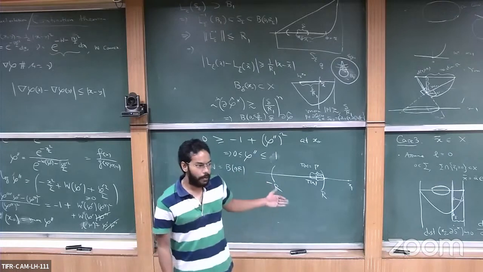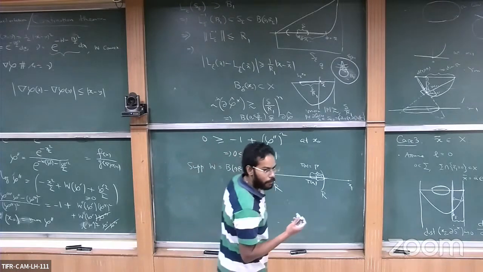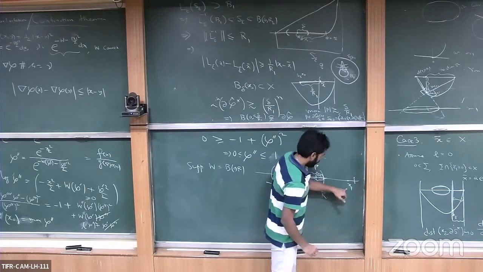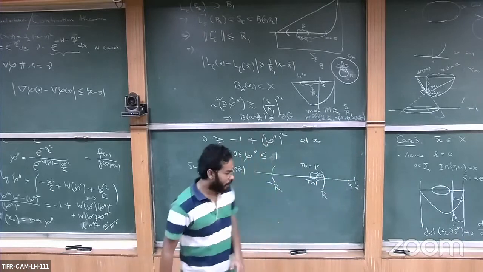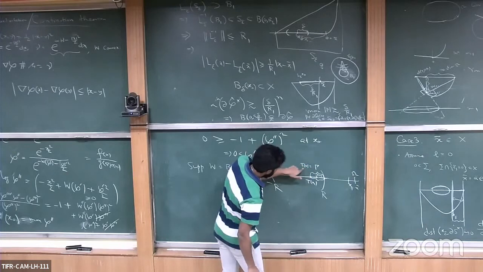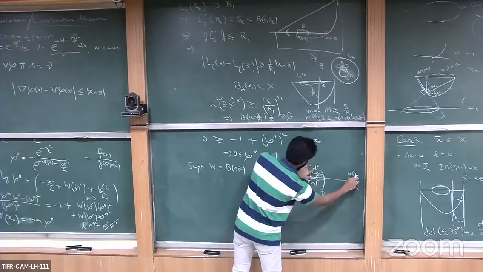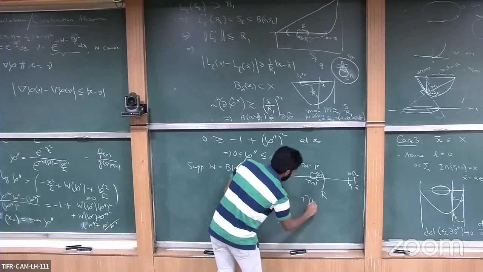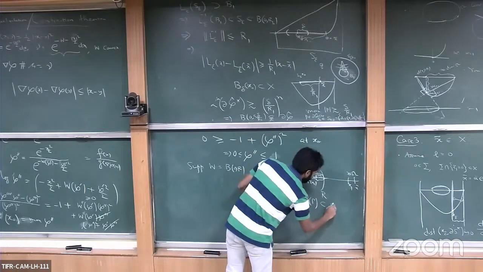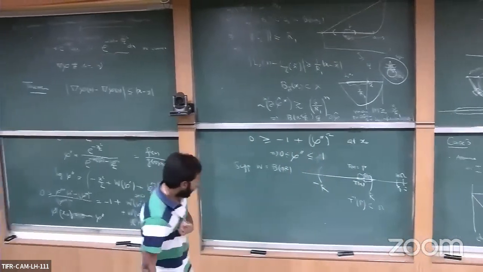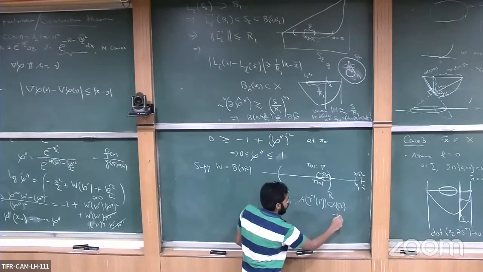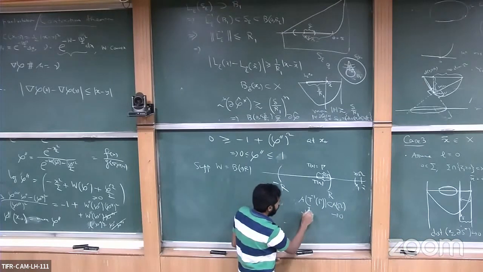Now, in one dimension, optimal maps are monotone, right? So this x must come from some place to the right of x1, right? And if I denote this domain omega, then T inverse of gamma, the optimal map, must be contained inside omega, right? And therefore, if you take the measure, this goes to 0, and this is mu of gamma.